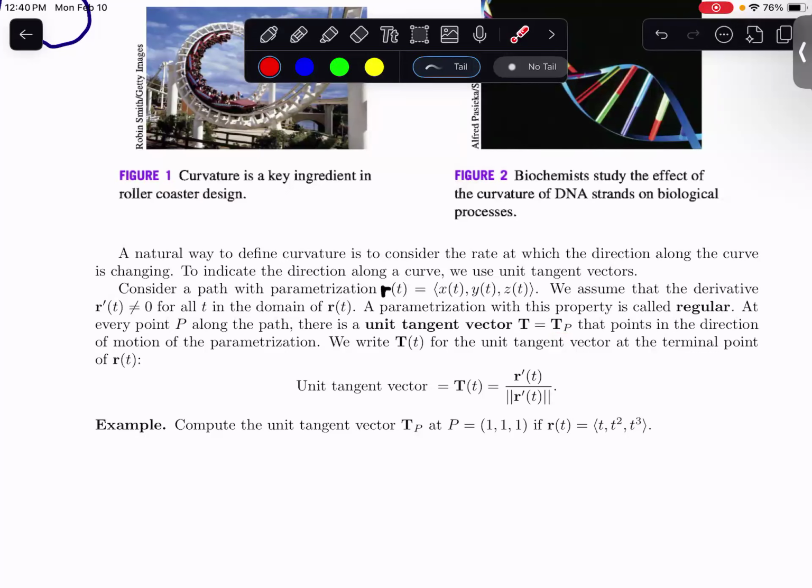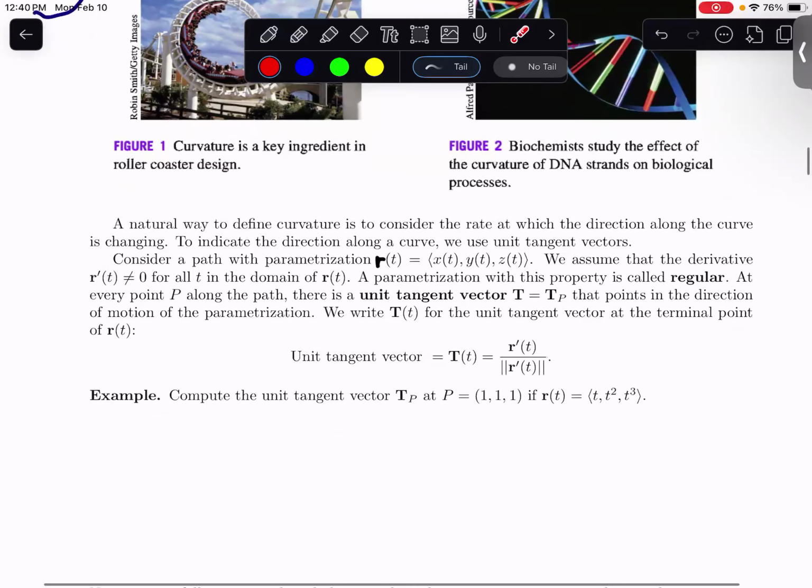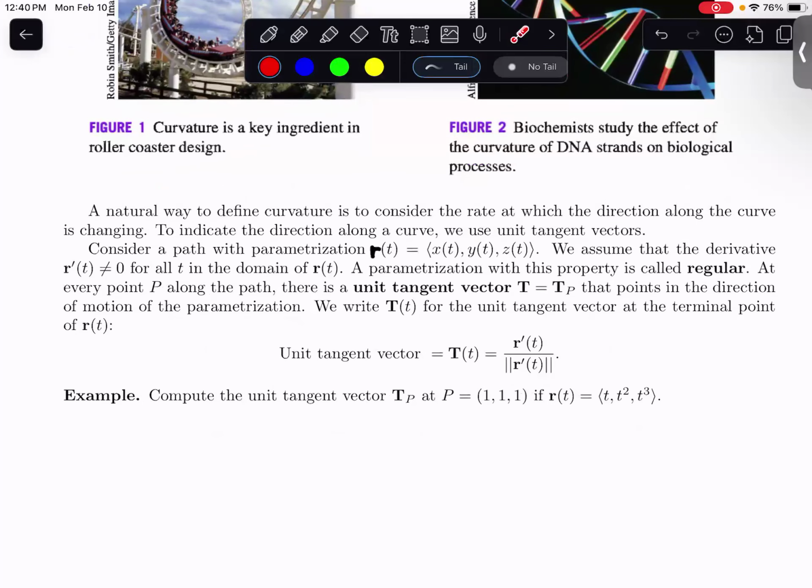By definition, we write the unit tangent vector with respect to the parameter t, and it is given by the derivative of your parameterization divided by the length of that vector. So this is the velocity vector or tangent vector, same thing. And to normalize it, to make it so it has length 1, you just divide by the magnitude. So this is something we've already seen before in this class.